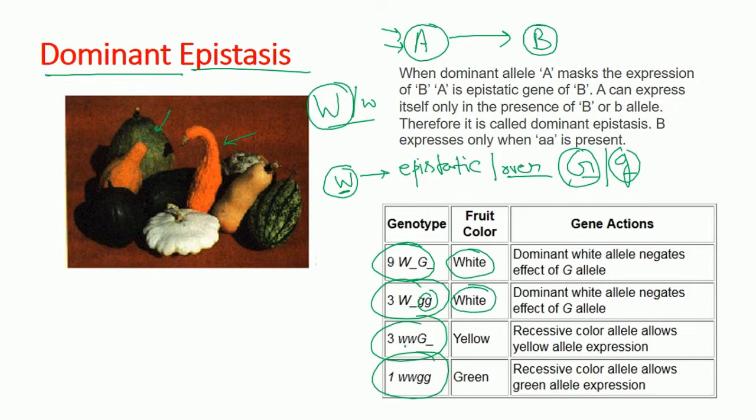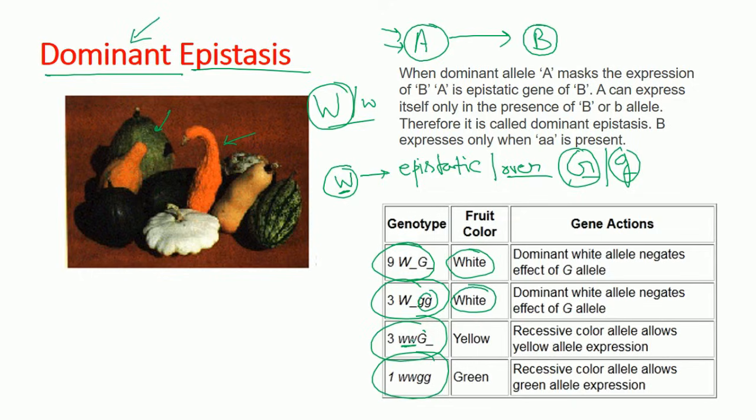Now here 3 of them contain small w in the first locus. In the second one they have a capital G. Now as they don't have any capital W, that means there won't be any epistatic effect. So the small w is a recessive form, and we know this is a dominant epistatic, means the gene will only be epistatic in its dominant form.